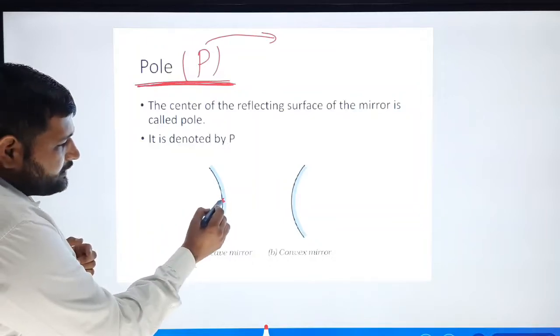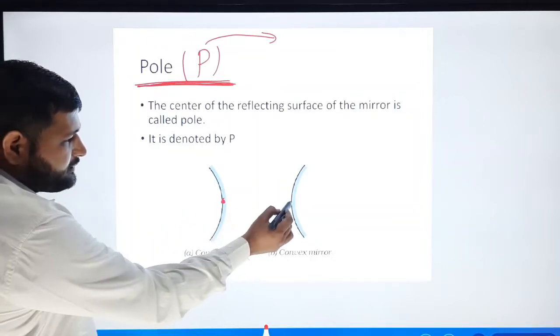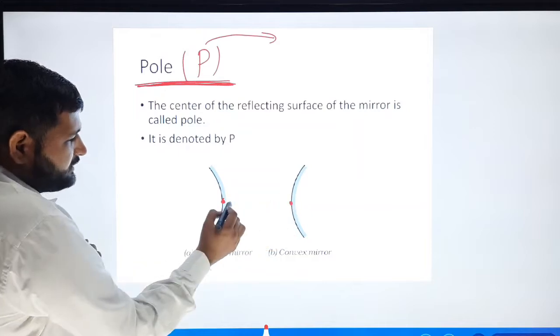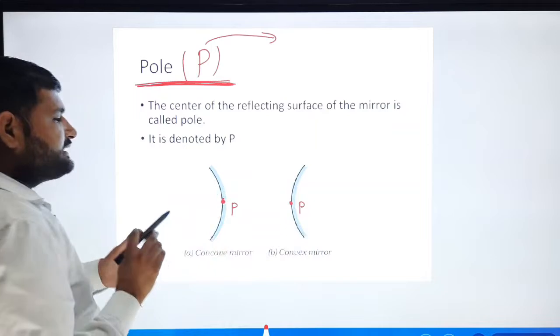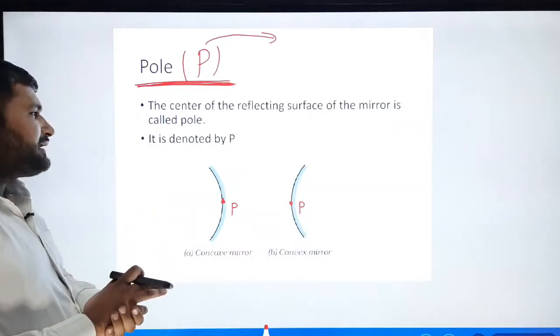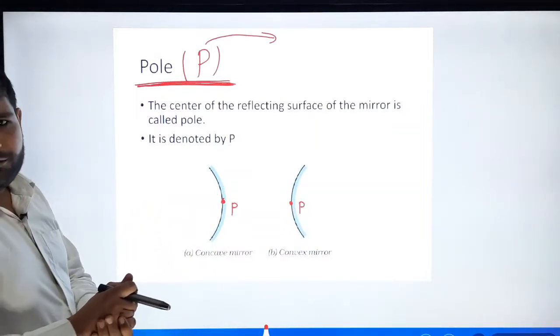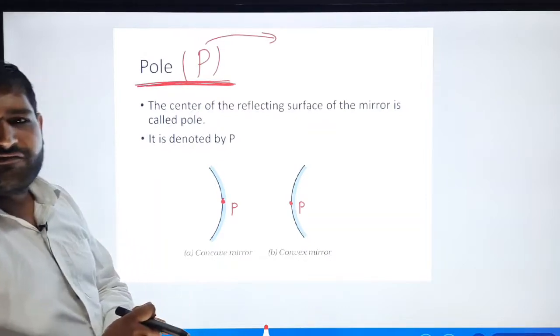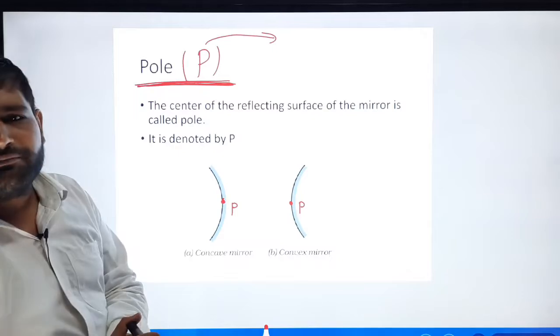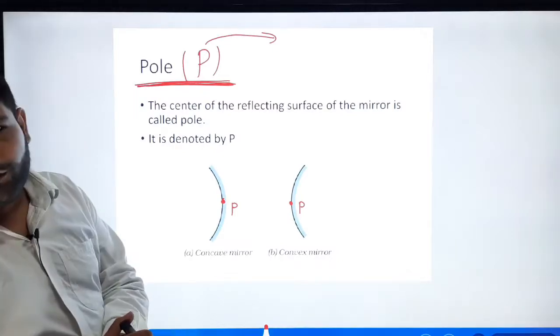What will be the center of the reflecting surface here? The center or the midpoint of the reflecting surface is called the pole. That is the definition of pole. So what is the definition of pole? The center or the midpoint of the reflecting surface of a spherical mirror is called the pole.